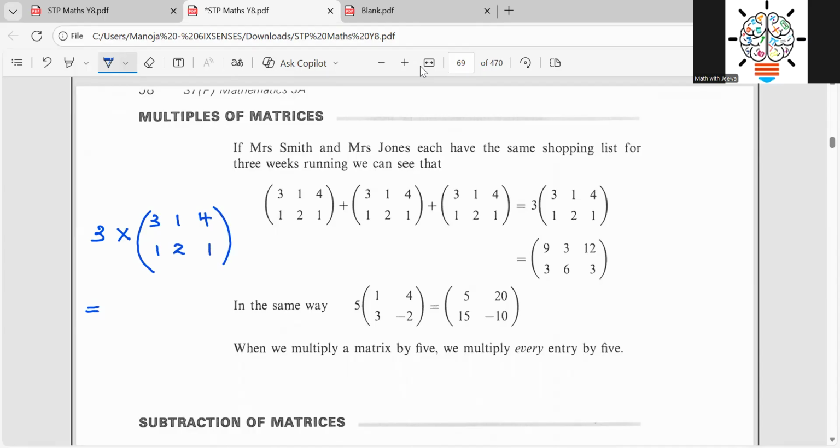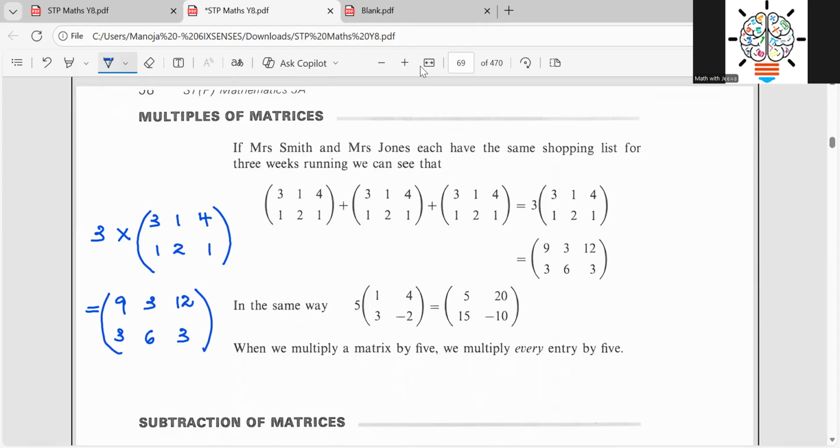So then 3 times 3, 9. 3 times 1, 3. 3 times 4, 12. 3 times 1, 3. 3 times 2, 6. 3 times 1, 3. Then you write the answer. You multiply each and every entry by the number outside.